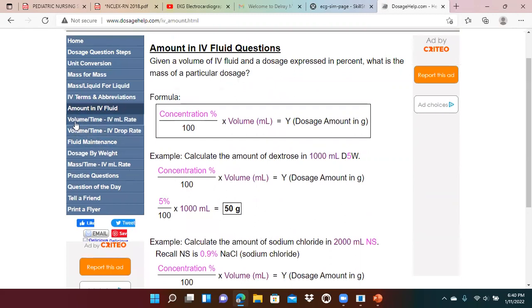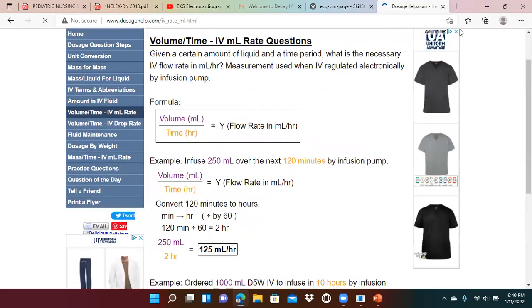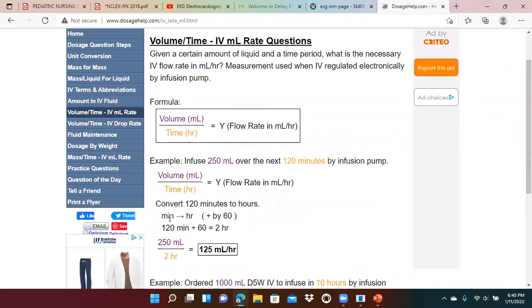Now we are going to go to the volume over time formulas. So here, given a certain amount of liquid and a time period, what is the necessary IV flow rate in ml per hour?